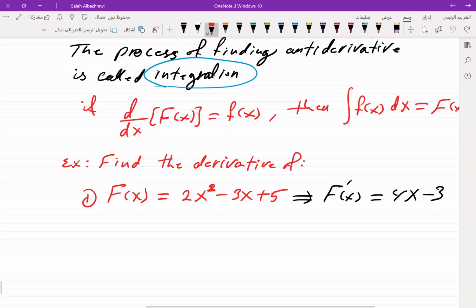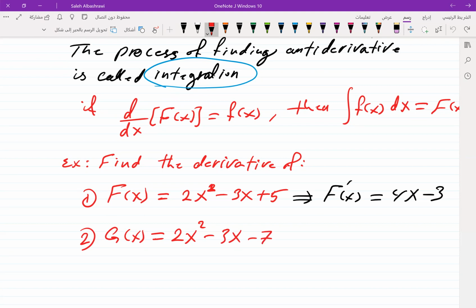Second one, number two, g of x equals x squared minus ax minus 7. Now the derivative for this one, g prime of x equals 4x minus 3 again.